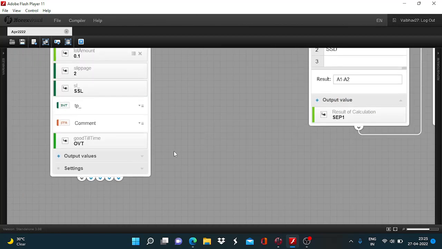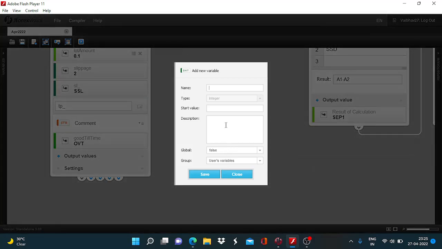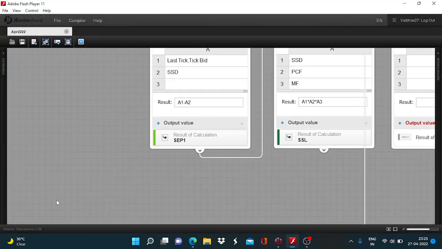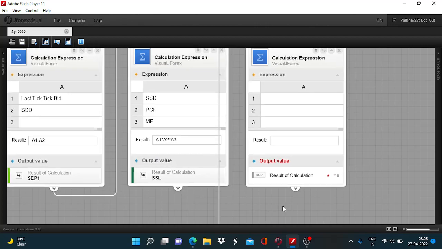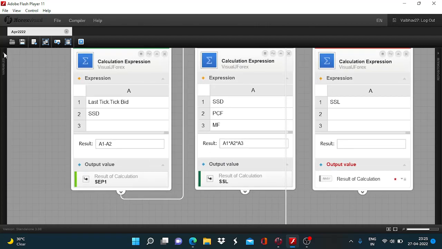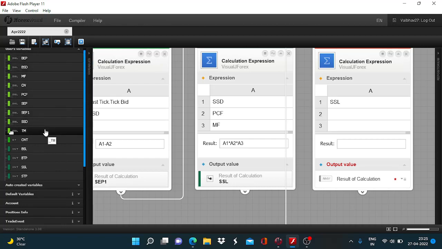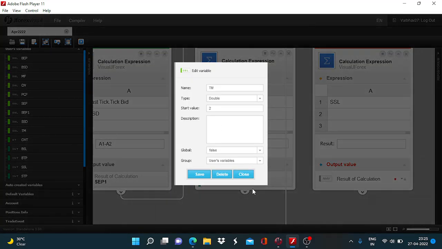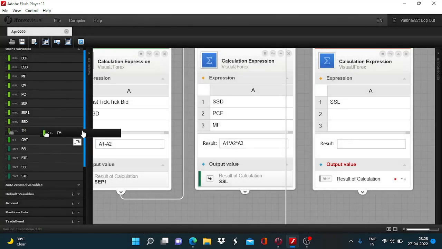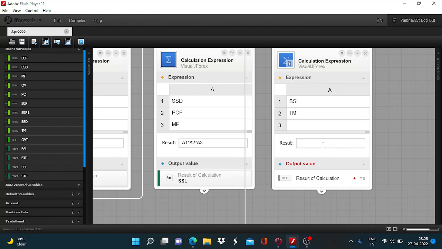All right, and I will also create new variable for take profit. And whatever is the stop loss, twice of it will be the take profit. So I have to just get the required variable. TM has 2 as its value. So we have to get A1 into A2.